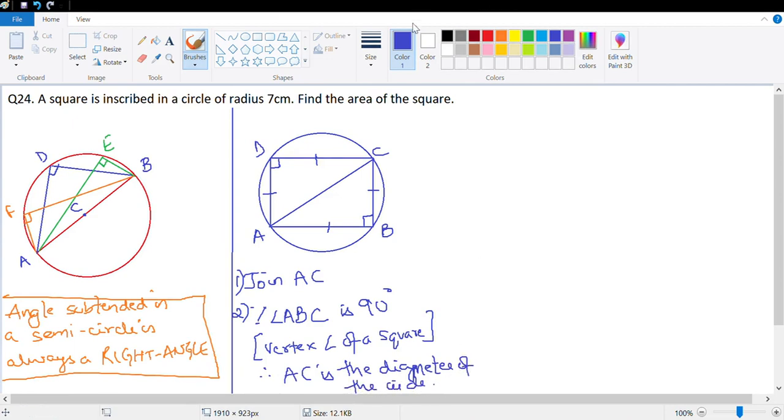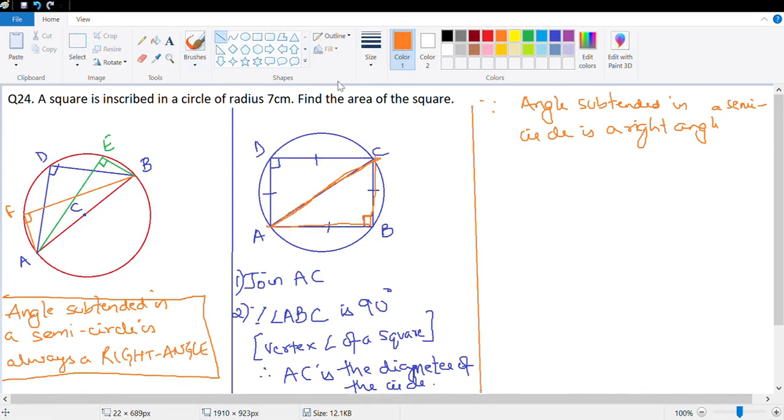So now we know that AC is definitely the diameter of the circle. Why? Since angle subtended in a semicircle is a right angle. So since this is an angle which is being subtended in this semicircle, that's why it is 90, but this is the converse of it. So angles which is 90 degree is subtended in a semicircle. So AC is my diameter.